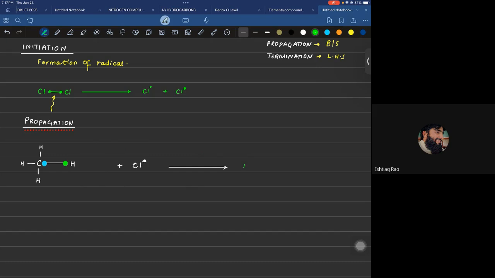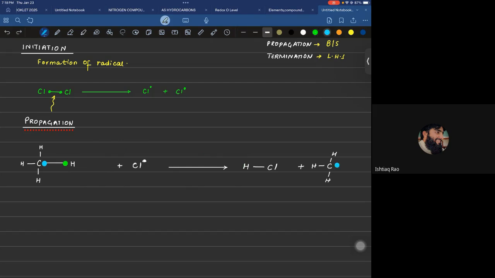HCl would be formed. Remember, HCl would be formed. And then the carbon would remain the same, just like that, and it's an electron of carbon.